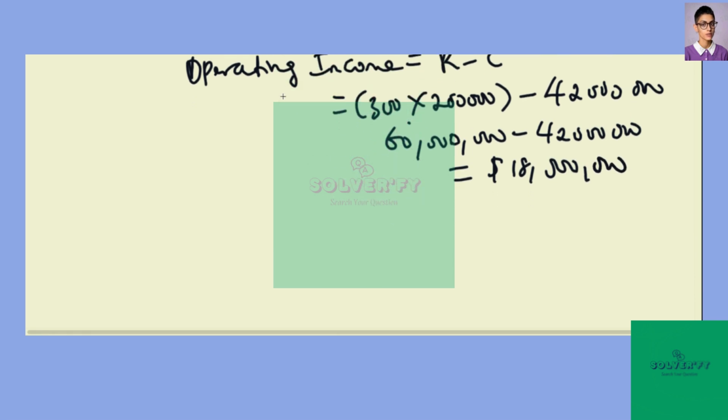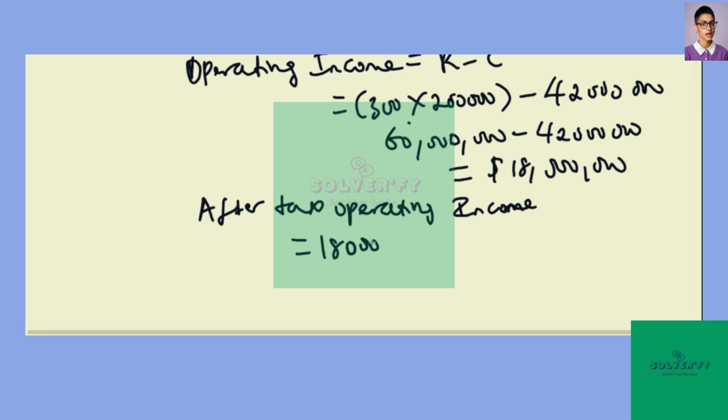So the after-tax operating income will be equal to 18 million multiplied by 1 minus 45%, and this is going to give you 9,900,000.